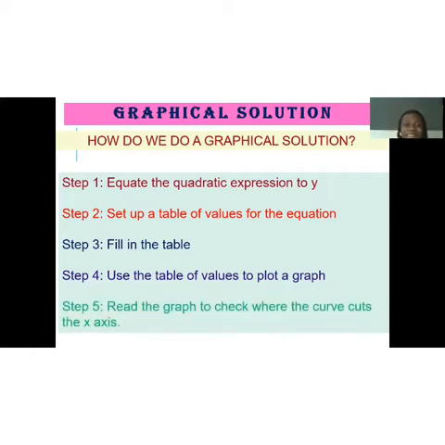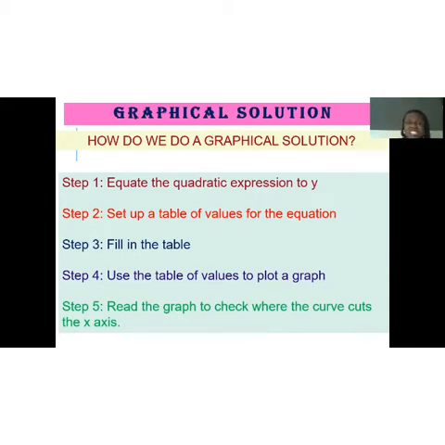Now, step five, from the graph that you have plotted, check where the curve cuts the x-axis. You're going to use a French curve, which is a tool that you can use to draw a curve. So you can try to get one. You read the graph to check where the curve cuts the x-axis. It might cut it at one point, in which case you have equal roots, or it might cut it at two distinct points, in which case you have real roots.